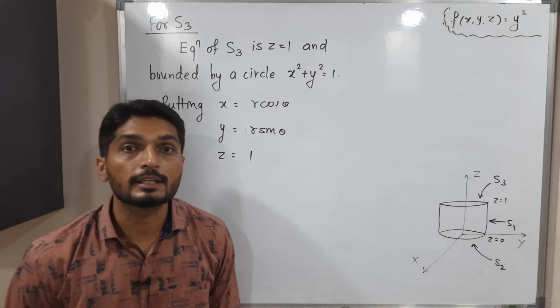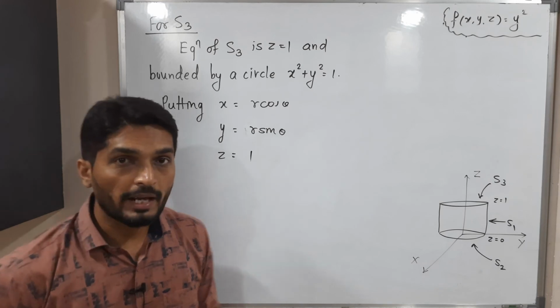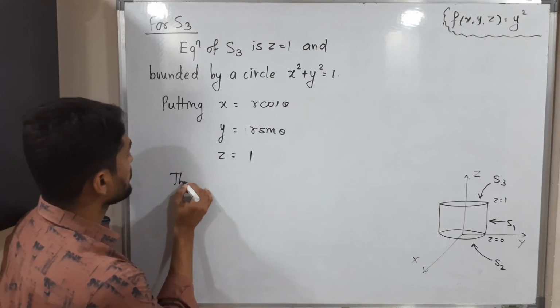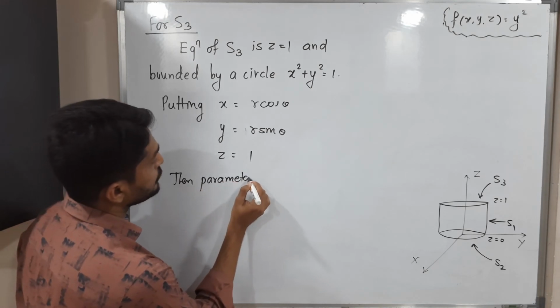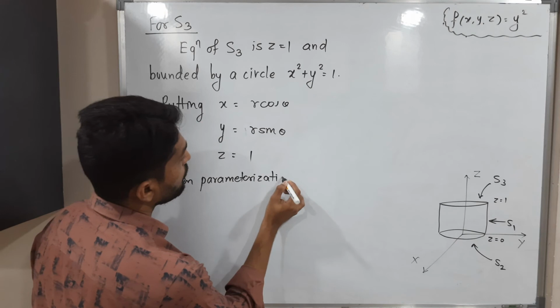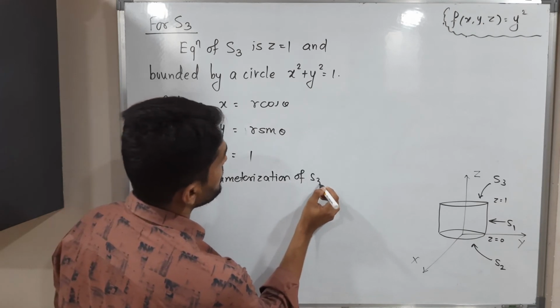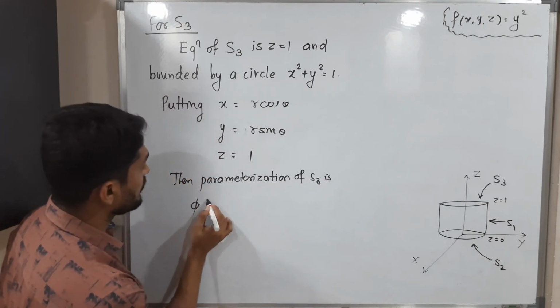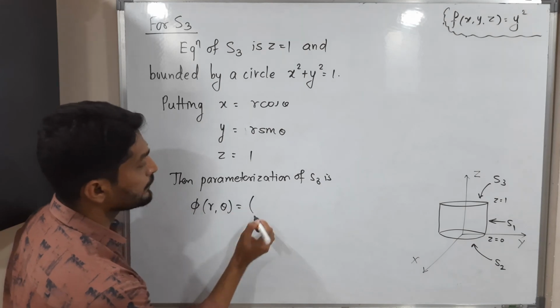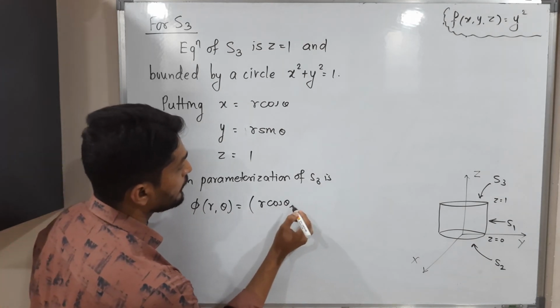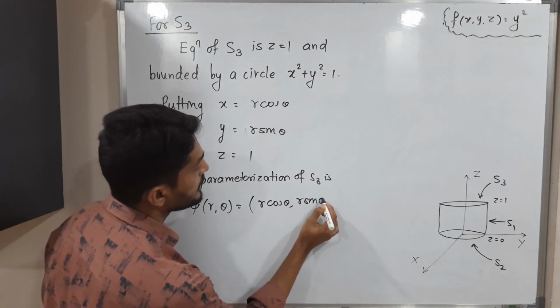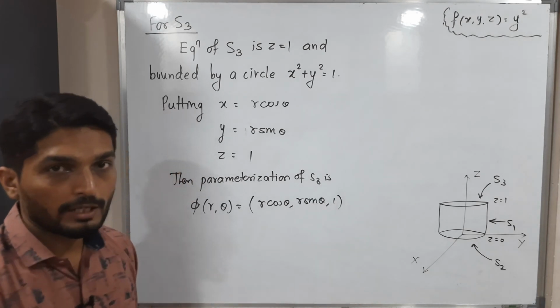So the parameterization of S3 is phi of r theta. First we write the value of x, which is r cos theta, next y, which is r sin theta, and z is fixed, so its value is 1.